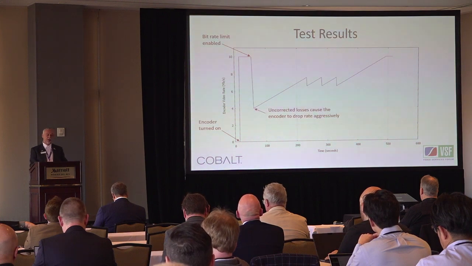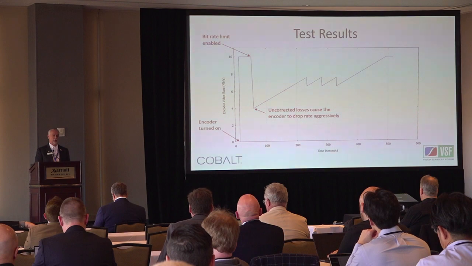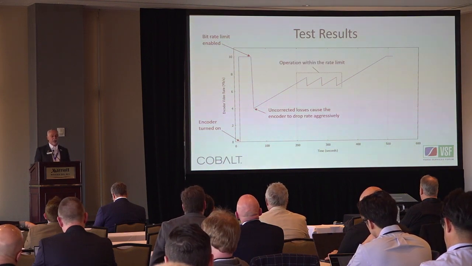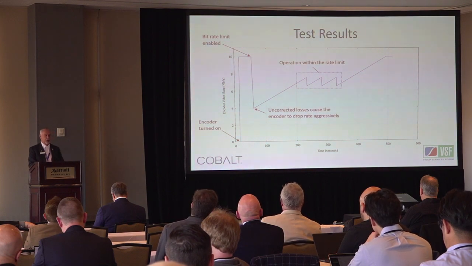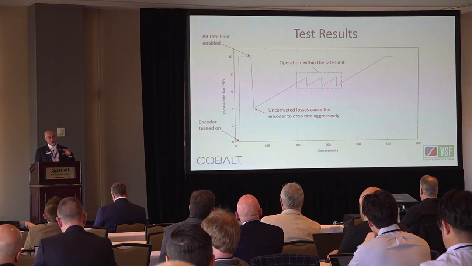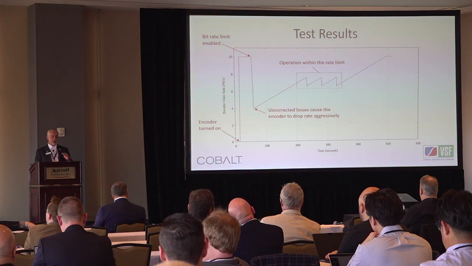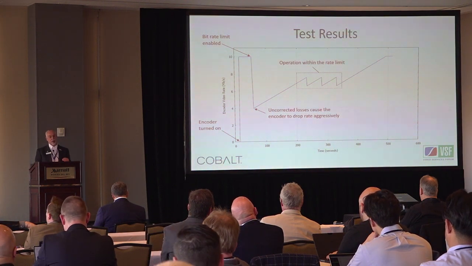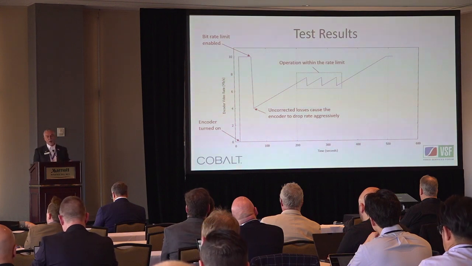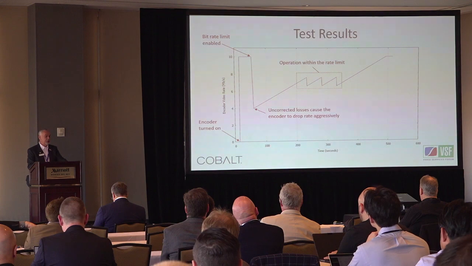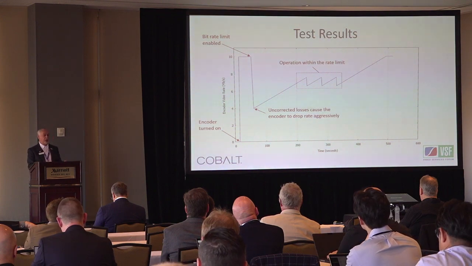So the encoder aggressively drops the bit rate all the way down to 4 until it clears all the problems, and then it starts raising again slowly and goes into some steady state where it raises, starts to see packet loss, and then goes down. Raises, and it will go on like that forever. And that is within the rate limit and with no packet loss.